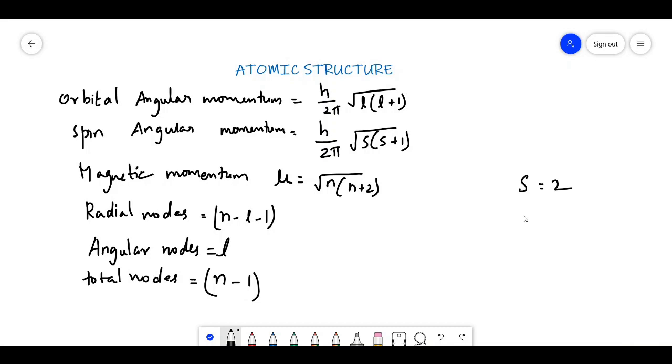And for a p orbital, whenever orbital is given, the answer is 2. Most students take it as 6. Orbital means it is either px, py, or pz. That is called an orbital. There is a lot of difference between orbit and orbital. And if the question is asked for the total number of electrons present in p orbitals, then the answer is 6. If it is asked just p orbital, then the answer is 2.